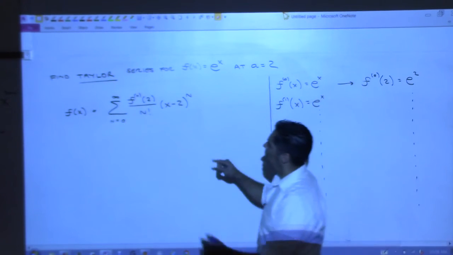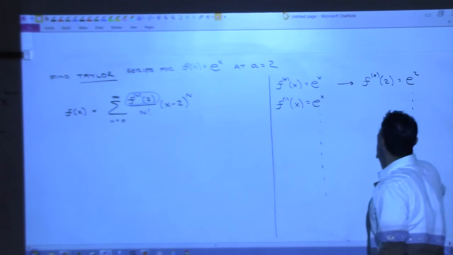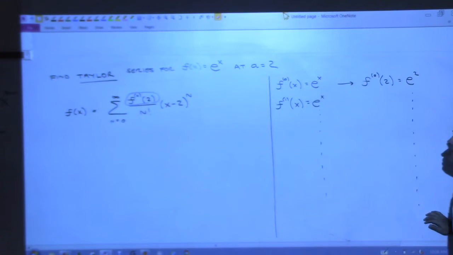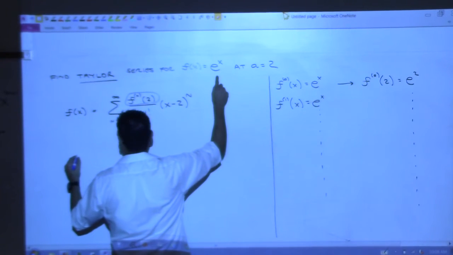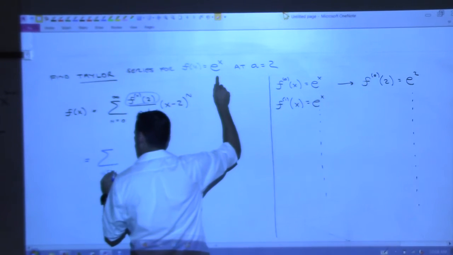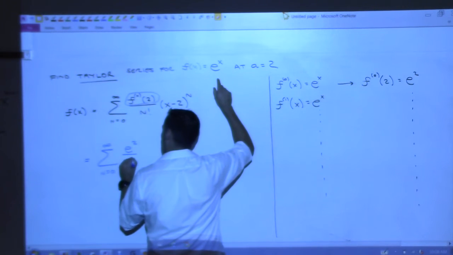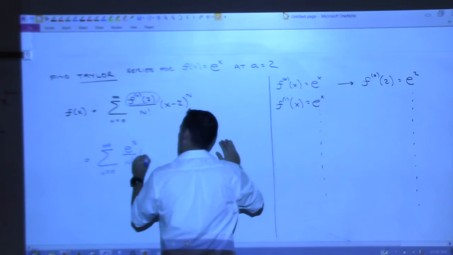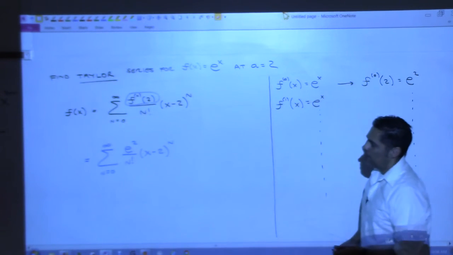We know that this right here is always, we got lucky, is always e squared. So what we can say is that this power series, this Taylor series I should say, is e squared over n factorial x minus 2 to the n. That's it.